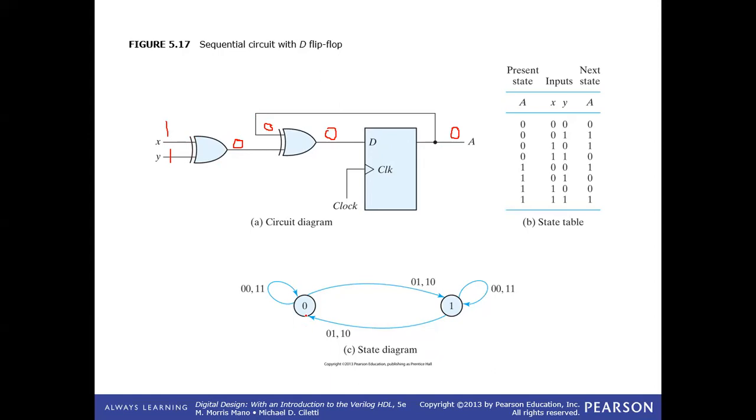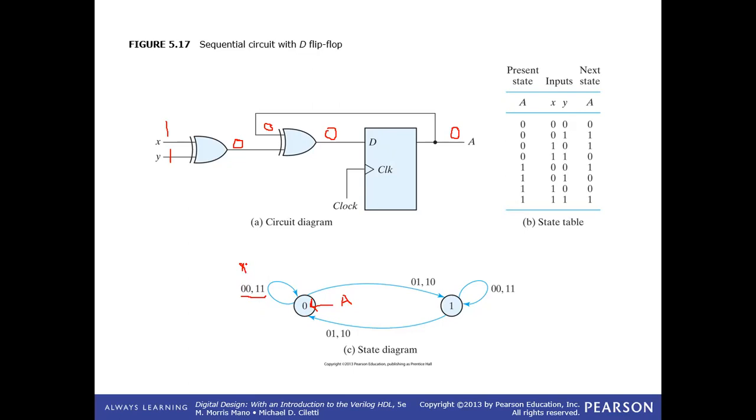So do you guys get the idea how this state table diagram is being built? This 0 over here, this represents what? This represents A. Okay. What does this 0, 0 and 1, 1 represent? XY.